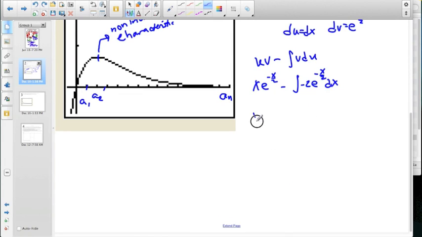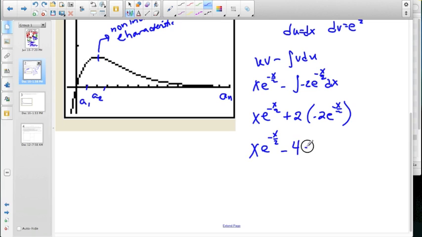And finishing that off, we get xe to the minus x over 2. I'm going to factor out the negative 2. And then I'm going to go ahead and integrate that again. So that's going to be another negative 2e to the minus x over 2. So after integration by parts, we get xe to the minus x over 2, not plus, because we've got another minus sign there. xe to the minus x over 2 minus 4e to the minus x over 2.